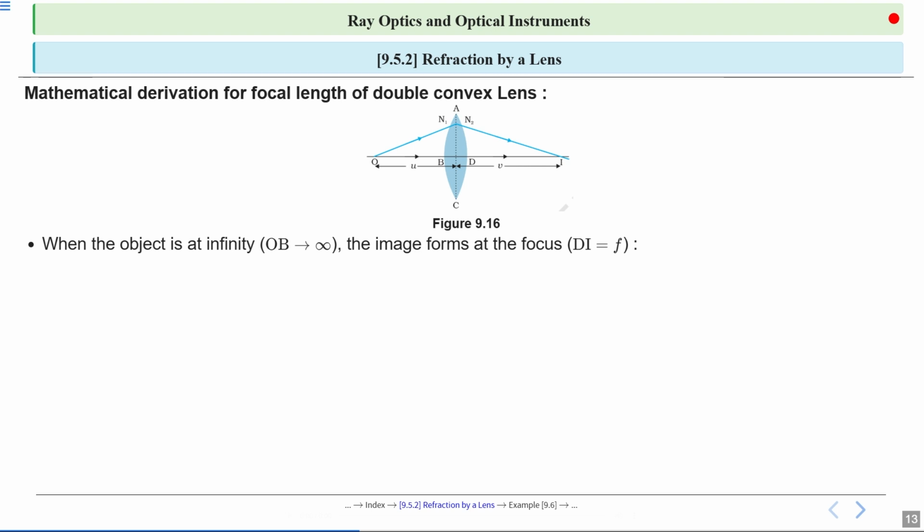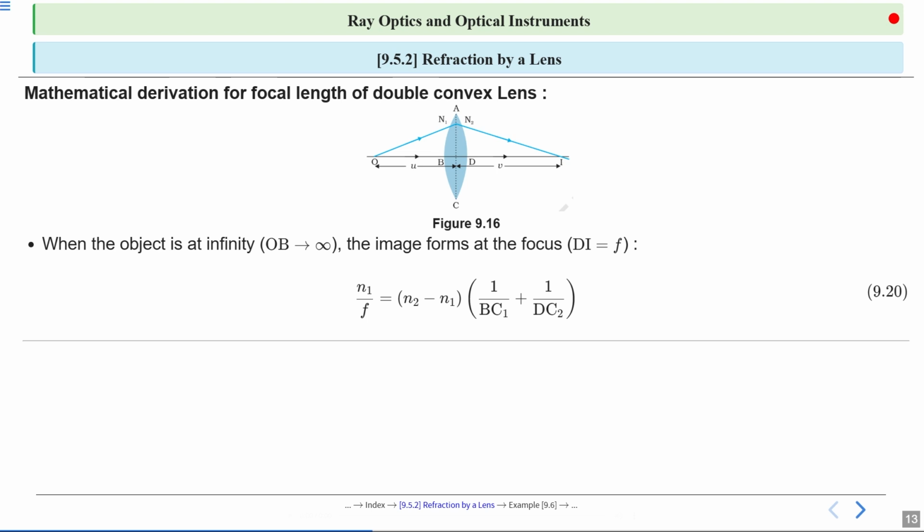The ray coming from infinity will meet at the focus after refraction. So DI will become the focal length. N1 upon OB becomes 0 and N1 upon DI becomes N1 upon F.